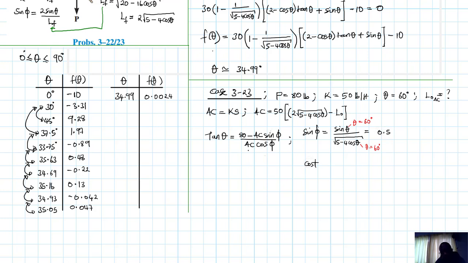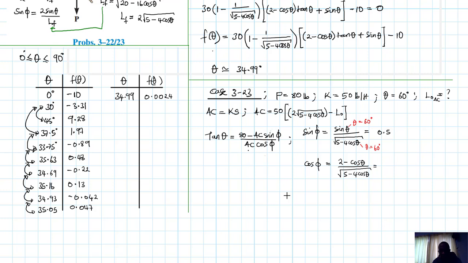And then we have cos phi, which is just equal to 2 minus cos theta divided by root of 5 minus 4 cos theta. And we know what theta is.